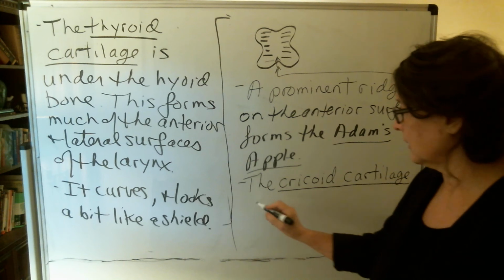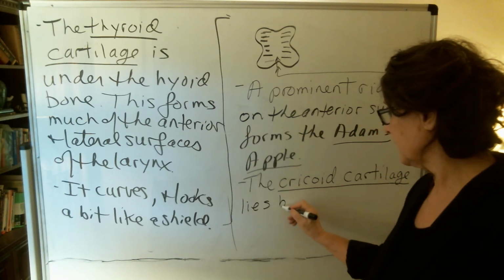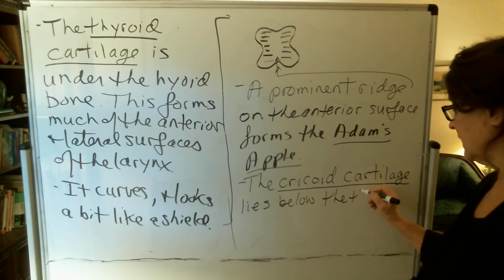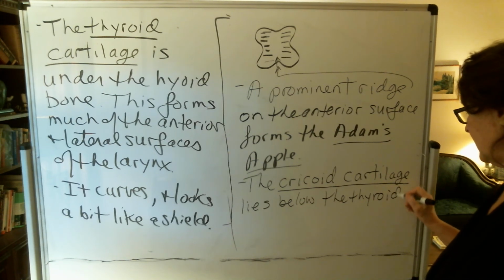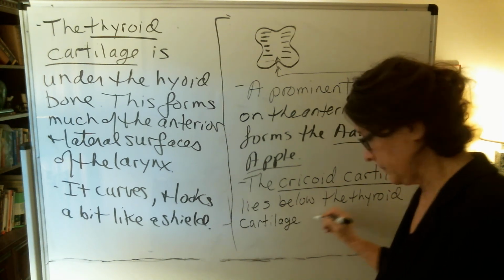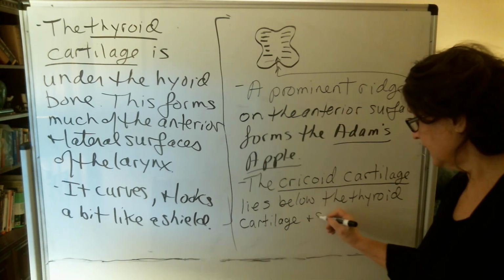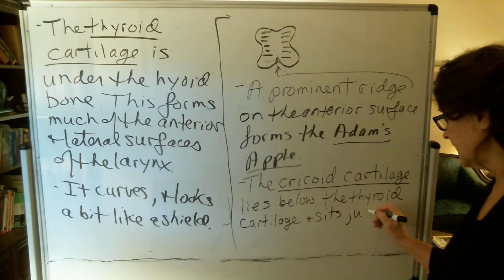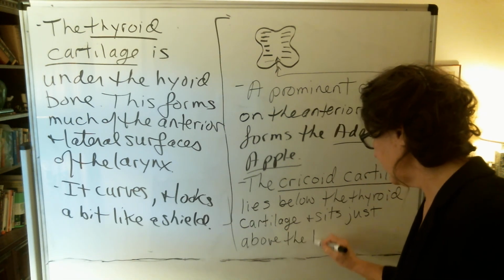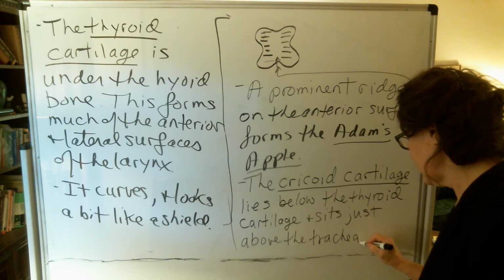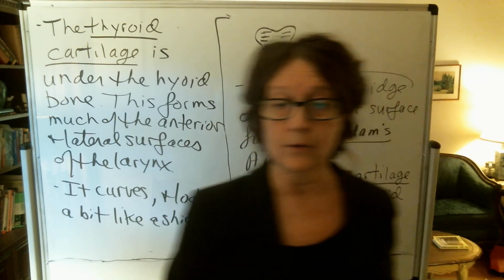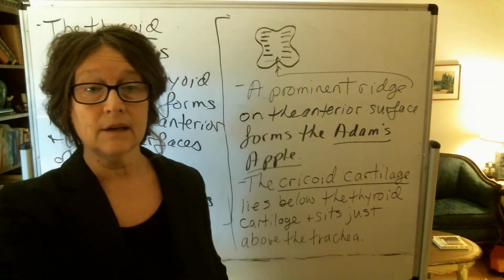So the cricoid cartilage then lies below the thyroid cartilage, and sits just above the trachea. And that is it. Here, I'll let you take a look at that. Anyway, that is it for this lecture.